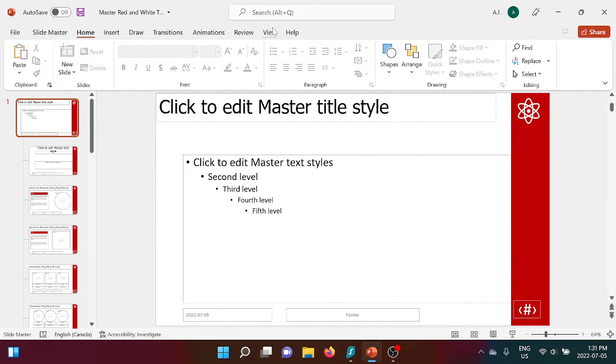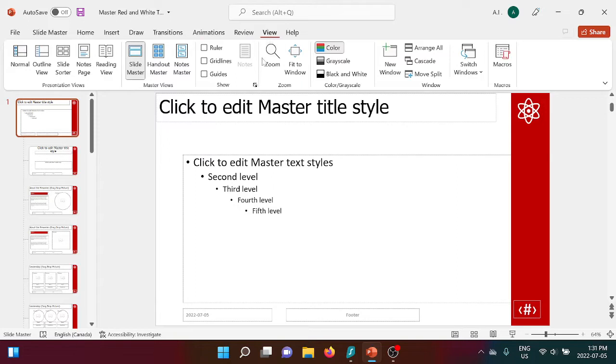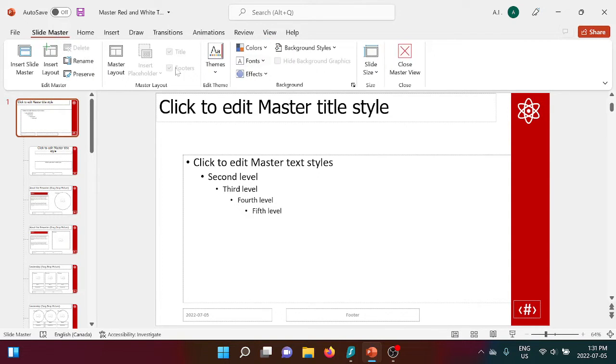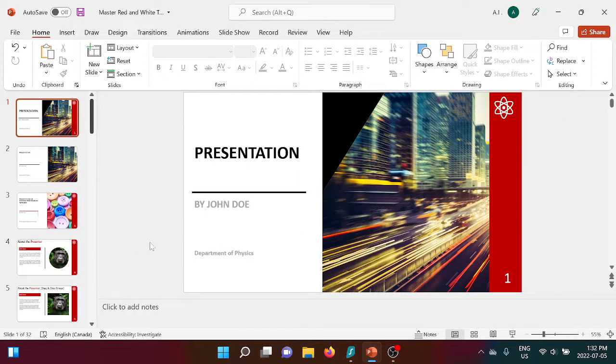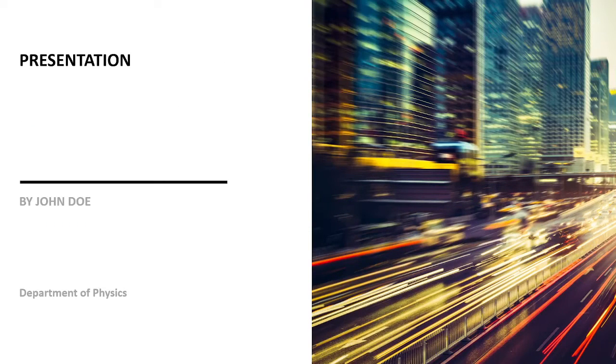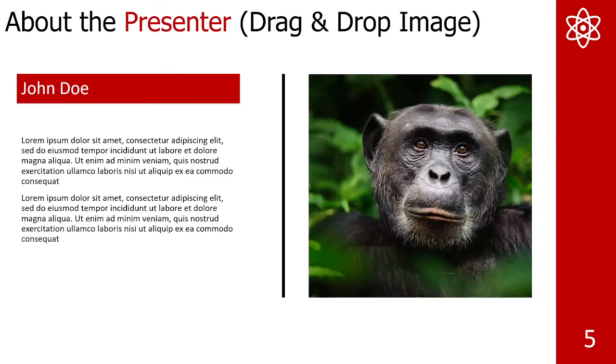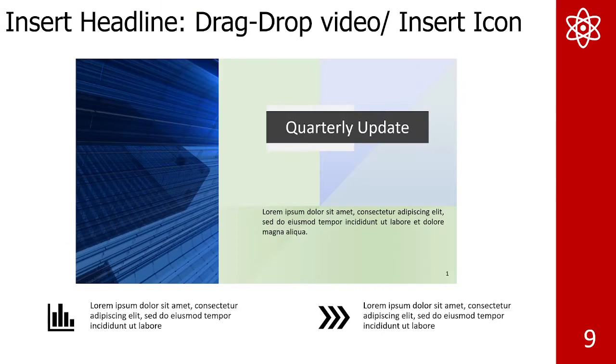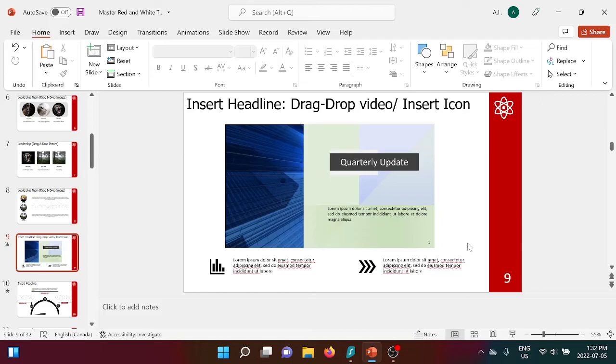So now I go back to View and back to Slide Master and I just close this master view. So now this icon, which is our logo, should be there in all slides. There you go. So that's how you add your company logo or any image that you want on each slide.